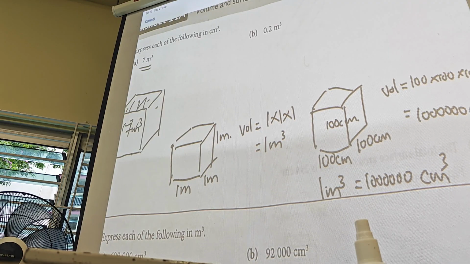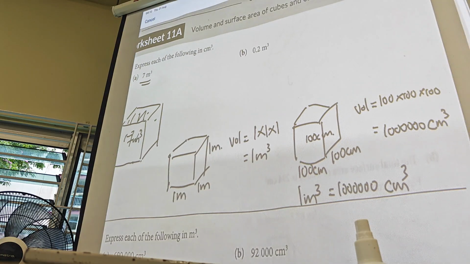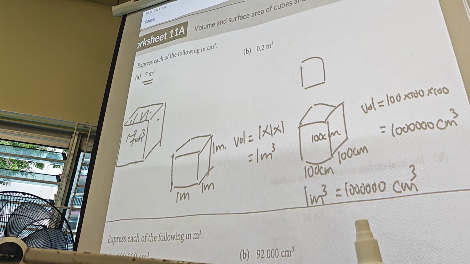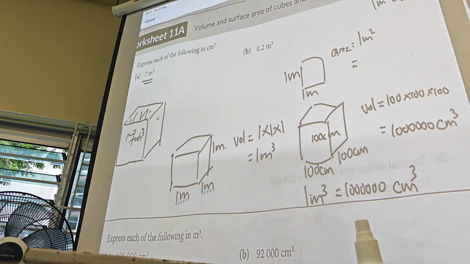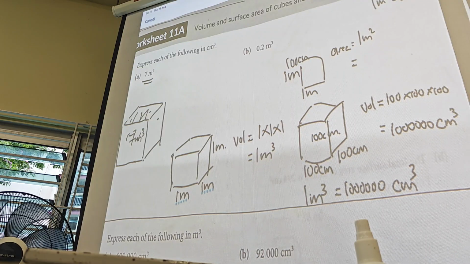Okay, this idea is the same when we talk about area conversion. 1 meter area is 1 meter square. But if we write it in cm square, every 1 meter is 100 cm. So here can be written as 100 cm, here can be written as 100 cm.